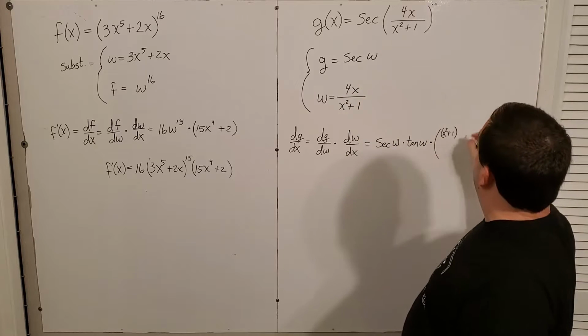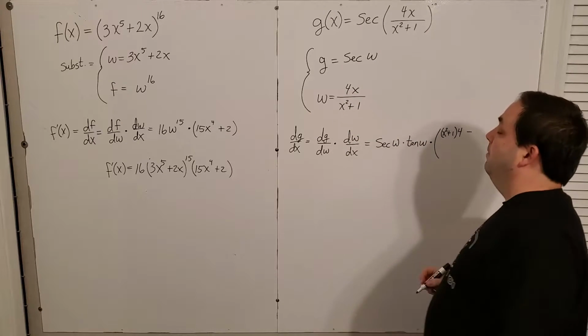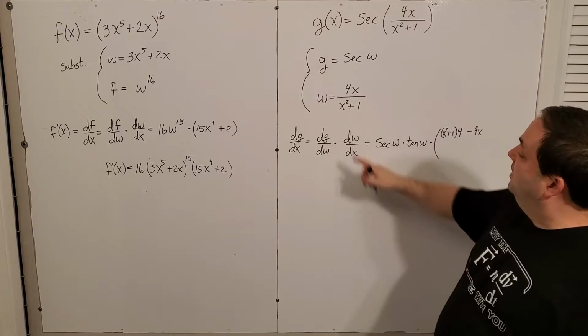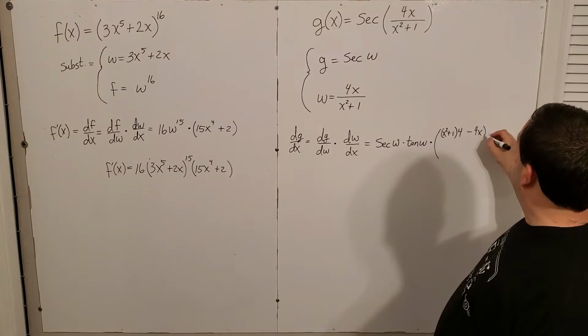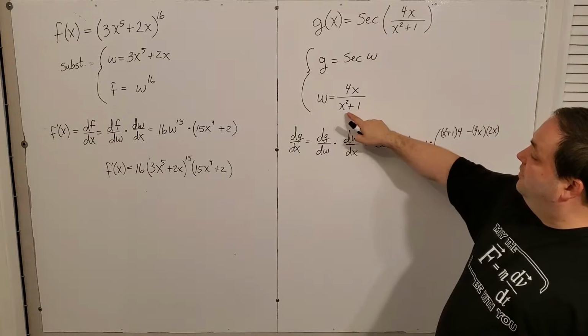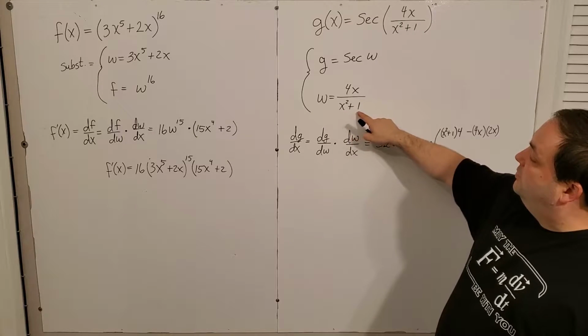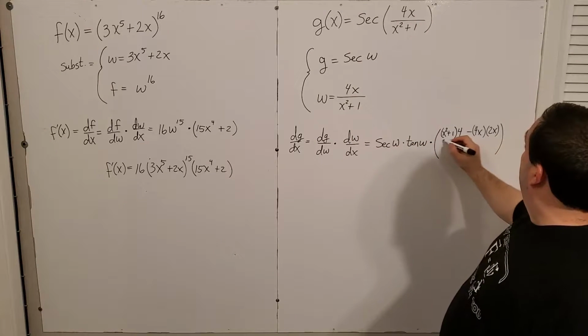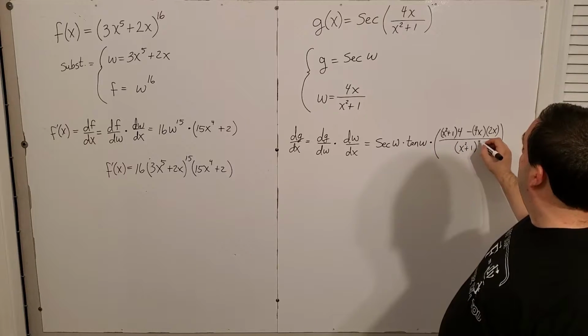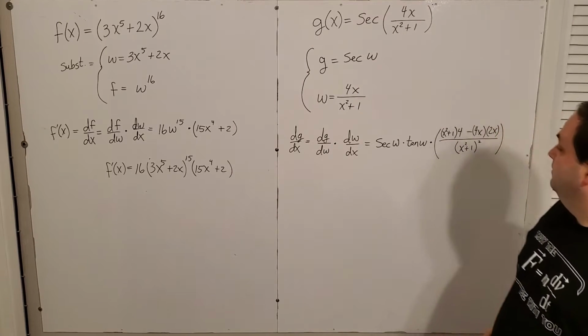D high is 4 minus high is 4x. D low is 2x, right? Because I'm just doing the derivative of the x squared and the 1, 2x plus 0, all over what's below squared. Square of what's below, right?